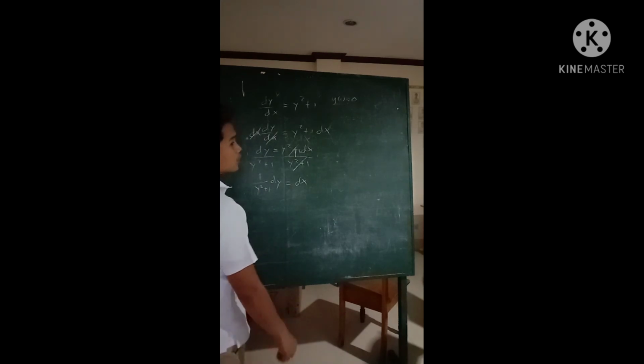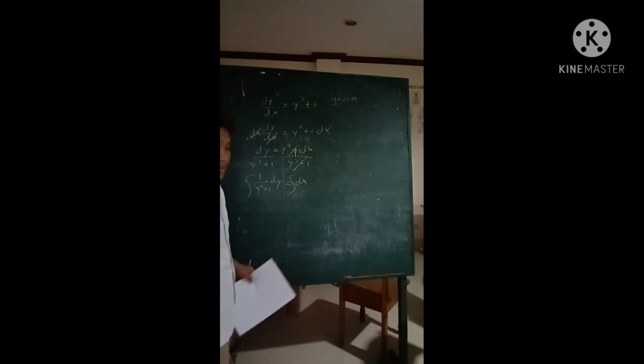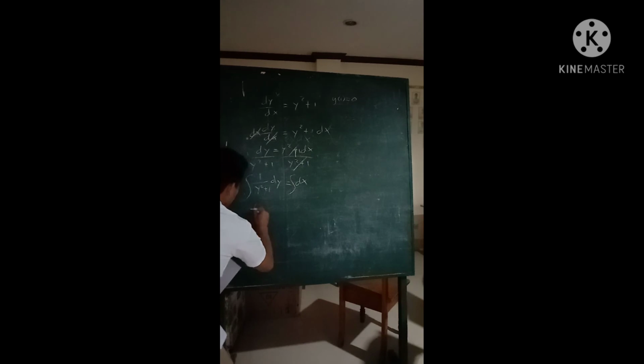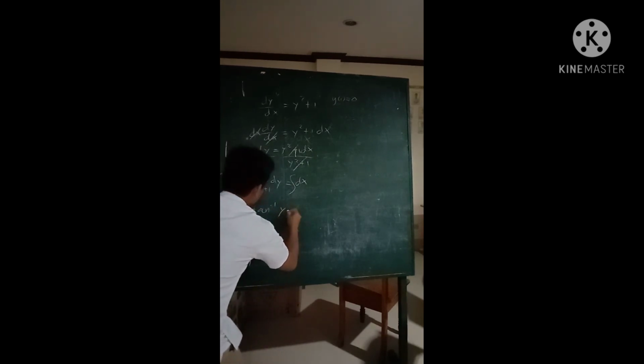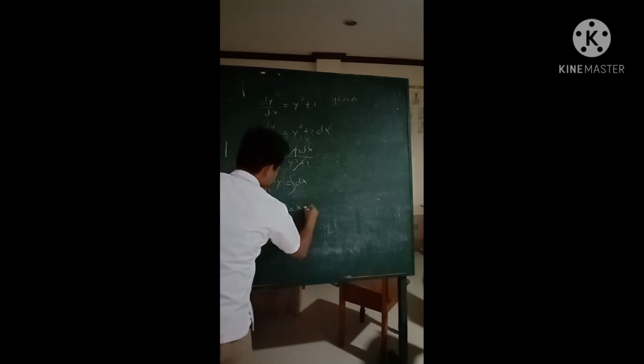So we can use integration. Since the derivative of tangent inverse is 1 over 1 plus x squared, we can use the tangent inverse: tangent inverse of y equals the integral of dx, which equals x plus c.